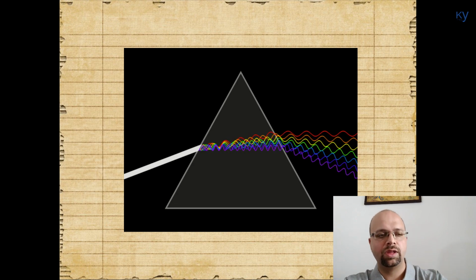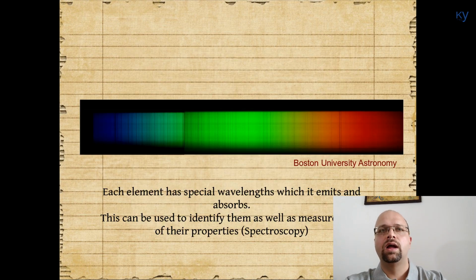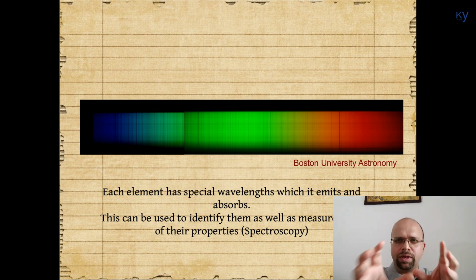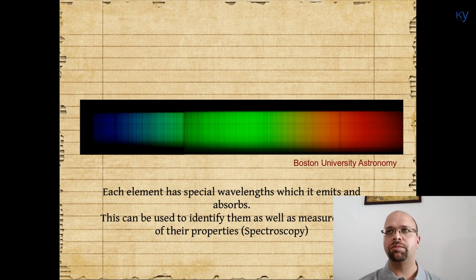Now, if you take this light which is split and zoom in microscopically, you will find that certain wavelengths are actually missing. If you see this spectrum of the sun, which is sunlight split into wavelengths and fully magnified, you will see these black lines. These are missing wavelengths.